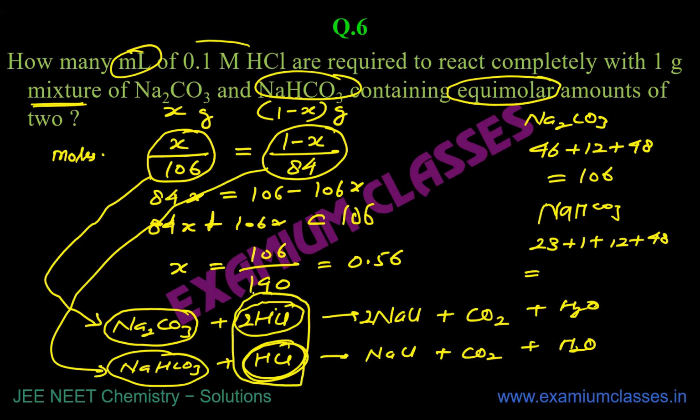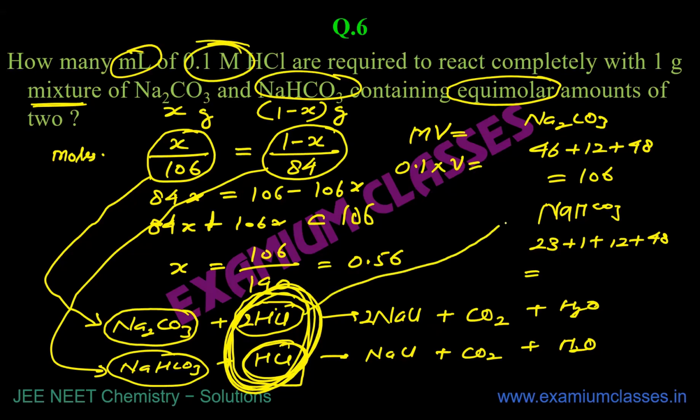And then, as you told me when I asked, molarity multiplied with volume gives you the number of moles. So I will equate this to the number of moles. I know the molarity, 0.1. Volume is not known, and moles I will substitute from here.